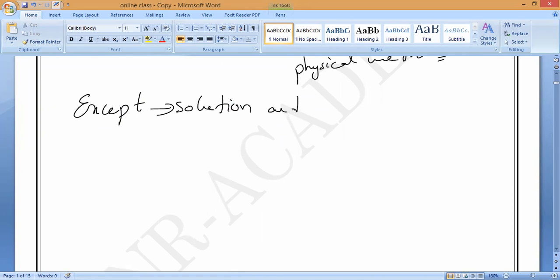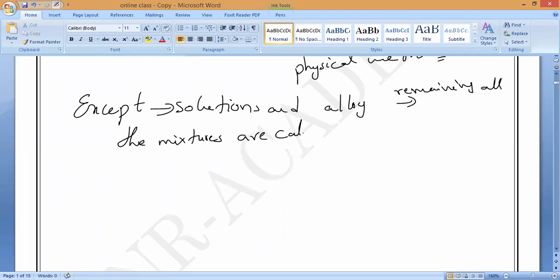Except solutions and alloys, all the remaining mixtures are called heterogeneous mixtures.